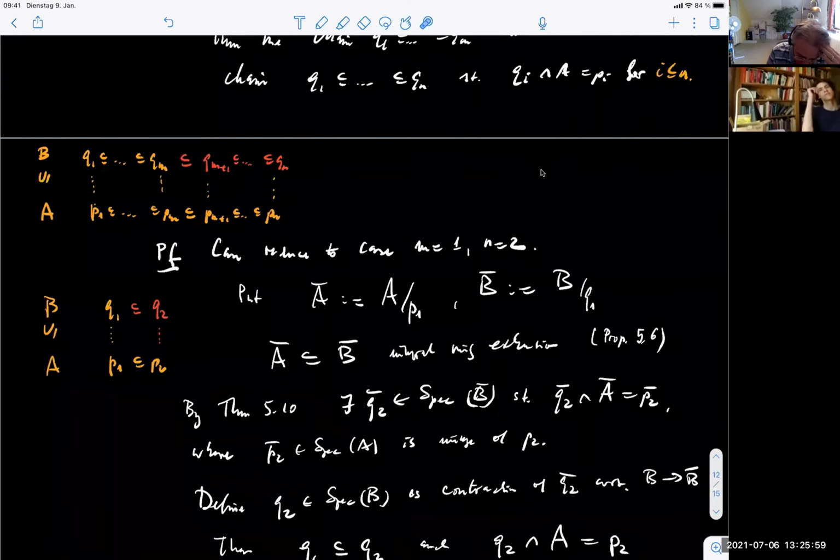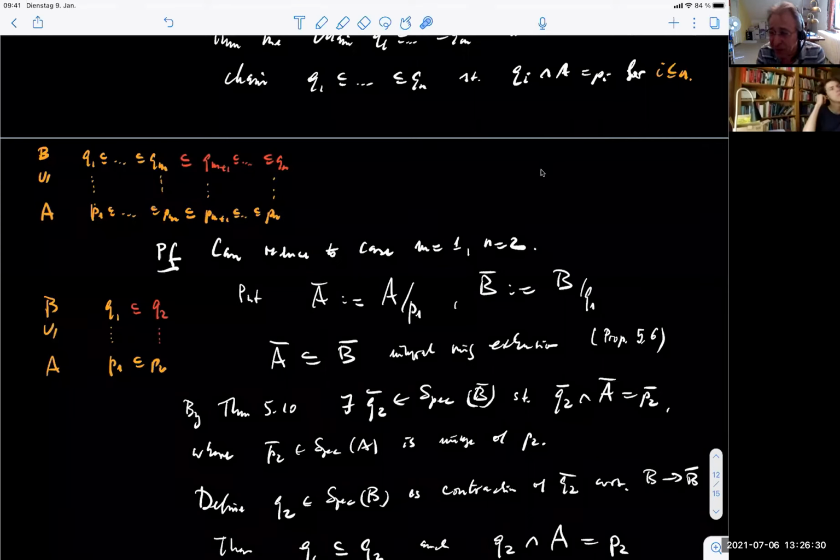We have this chain of P's, but then the chain of Q's that is given will be the red one, and we are looking for this one. So when we go up, the condition is that what I find upstairs should contain a given prime ideal. Now you go in this direction, that's why I call it going down. Before we were going up.